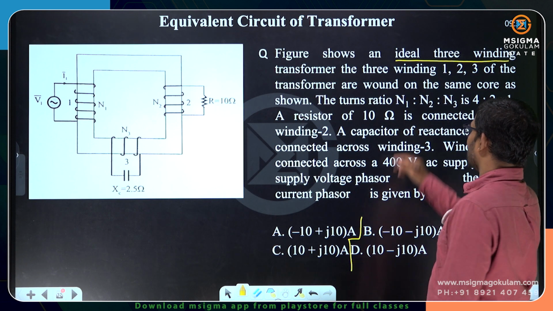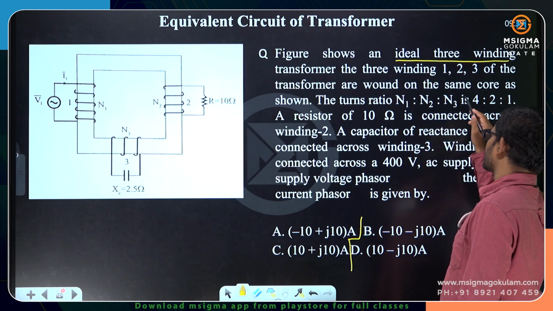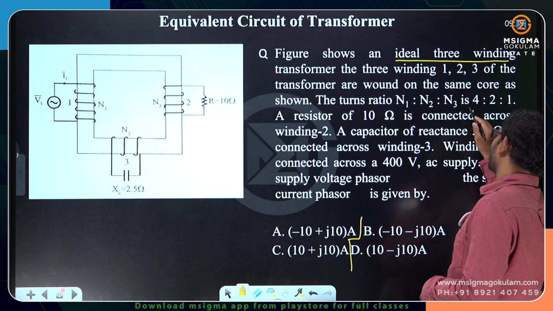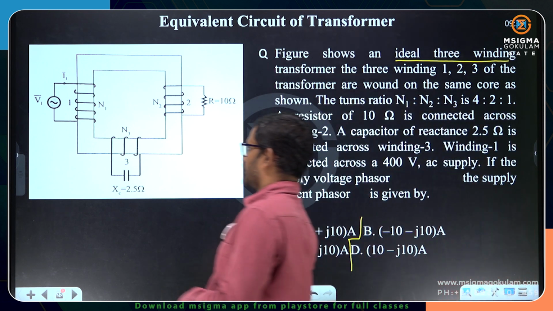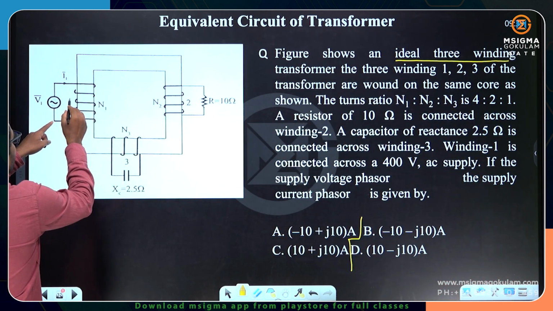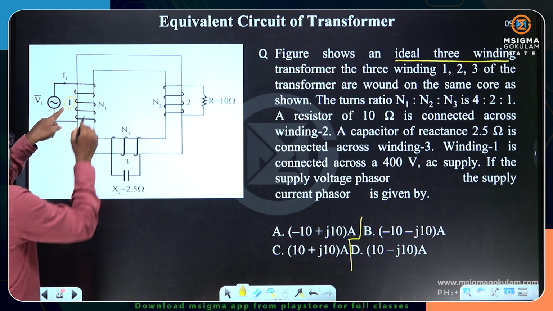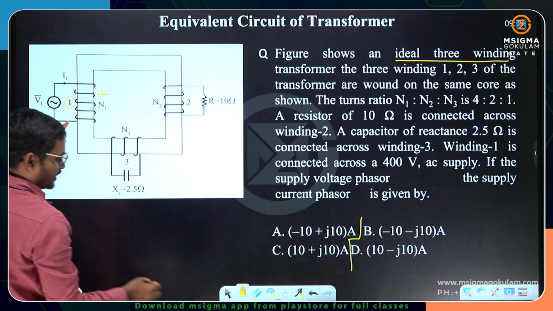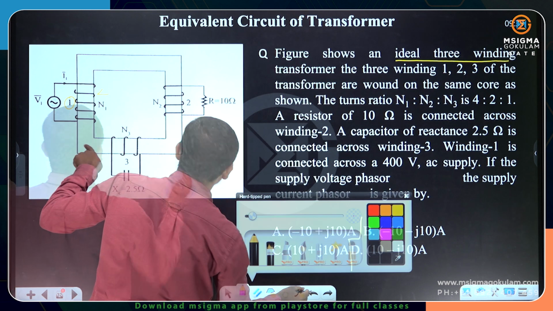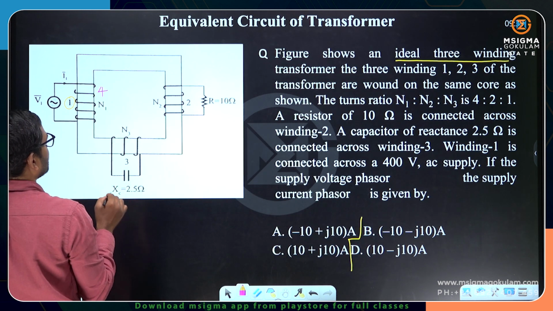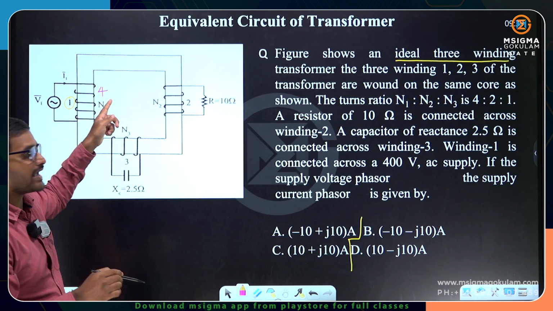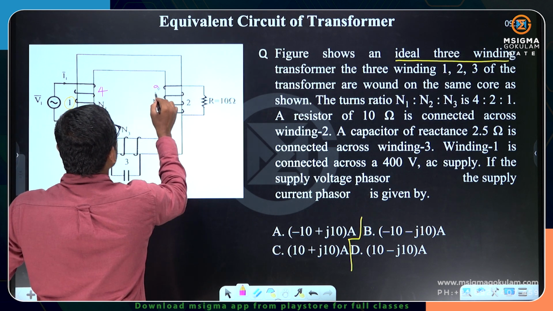Okay. The turns ratio N1 is to N2 is to N3 will be 4 is to 2 is to 1. Okay. So this is first winding, not turns. So N1 is 4. Let me indicate with another color. For every 4 turns on the primary, there will be 2 turns on the secondary.